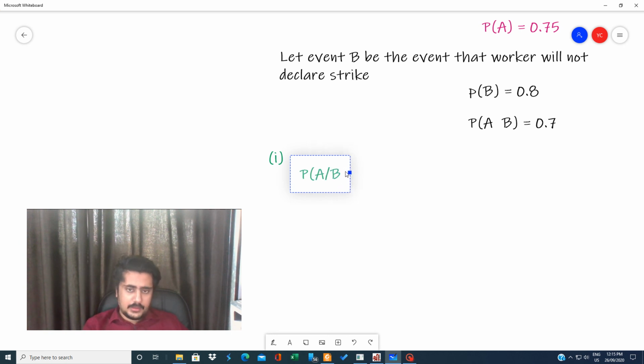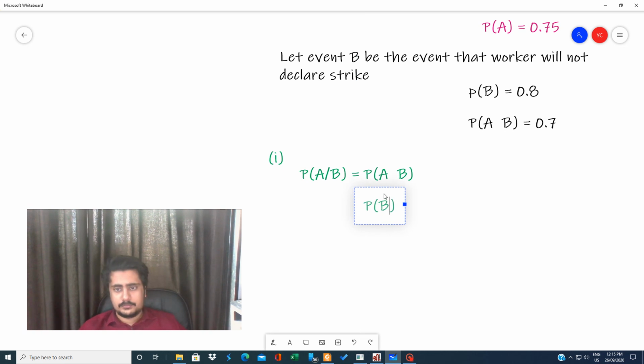Now what is this P of A upon B? It is P of A intersection B upon P of B. So now what is intersection?